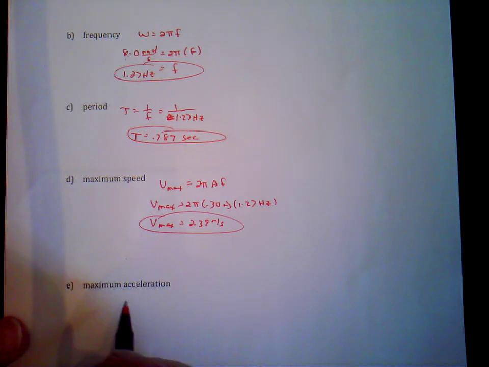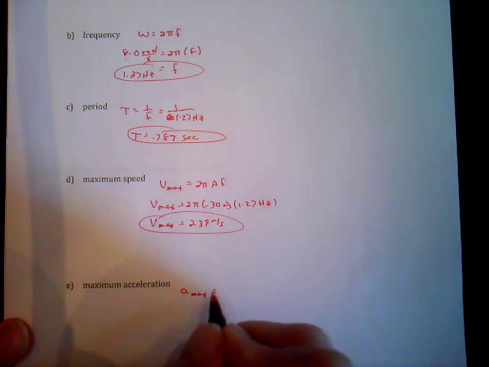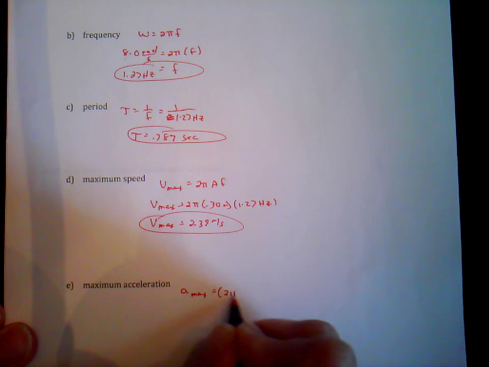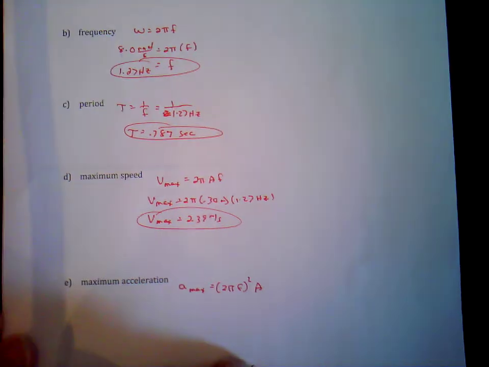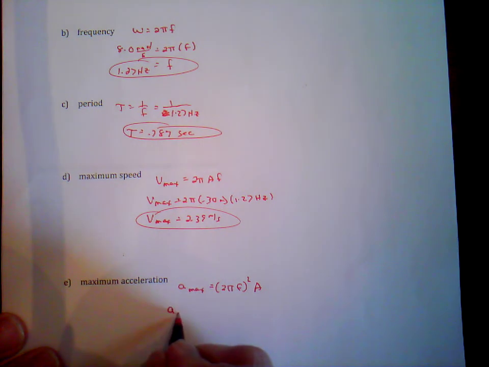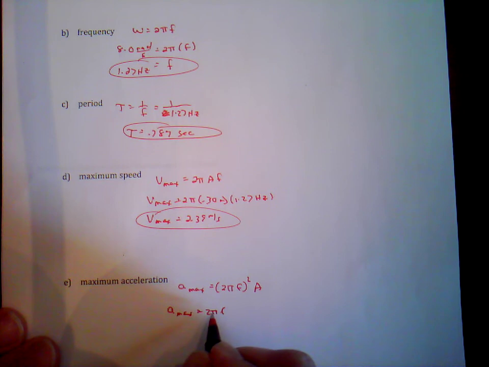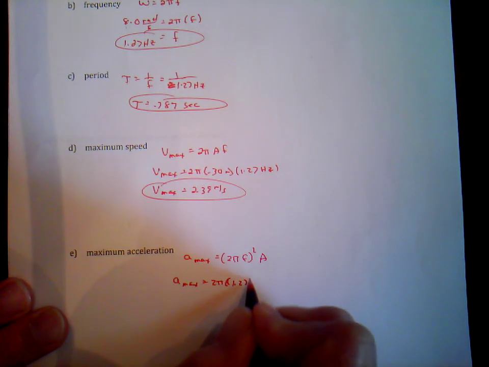The maximum acceleration, we have an equation that we derive for that. Maximum acceleration is 2 pi frequency all squared times the amplitude. We know both the frequency and the amplitude, just like we had up here. So this is 2 pi, the frequency is 1.27 hertz, you want to square all of that.